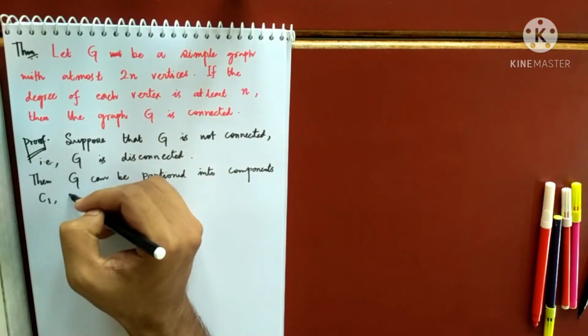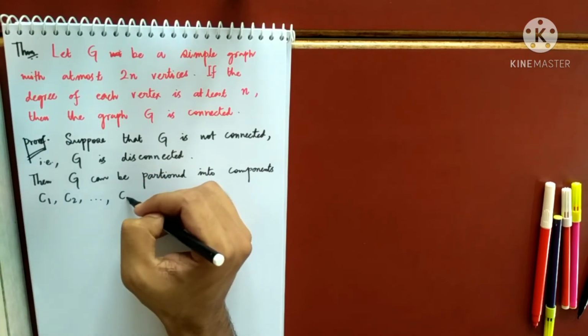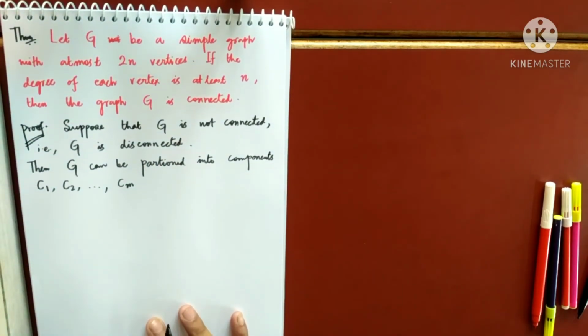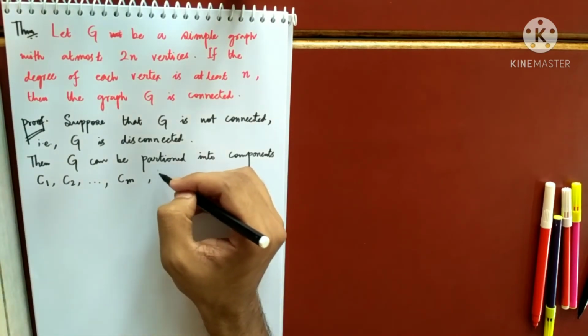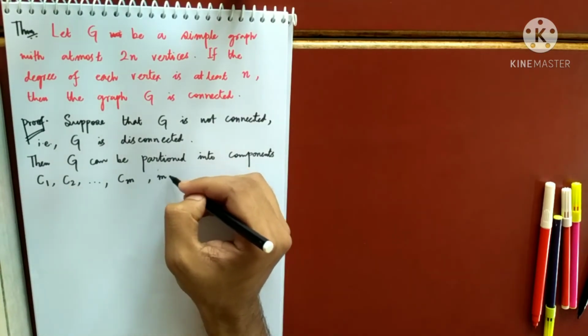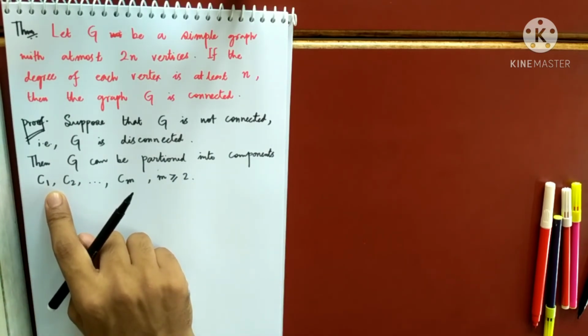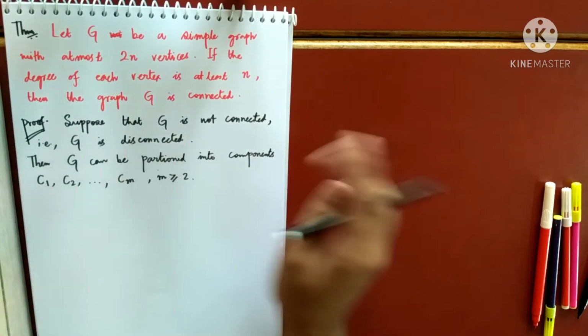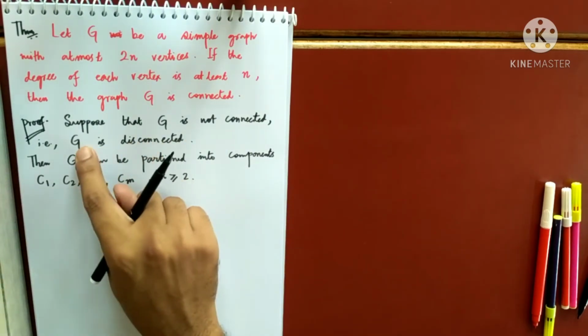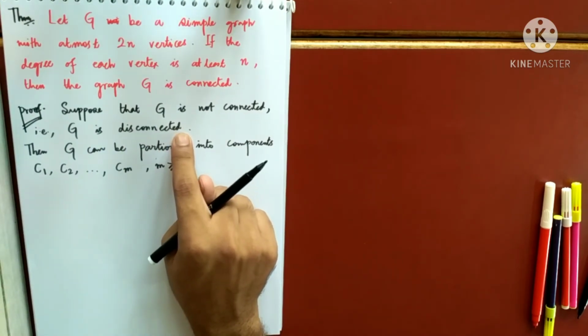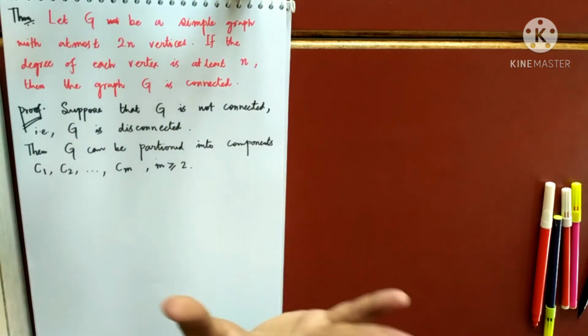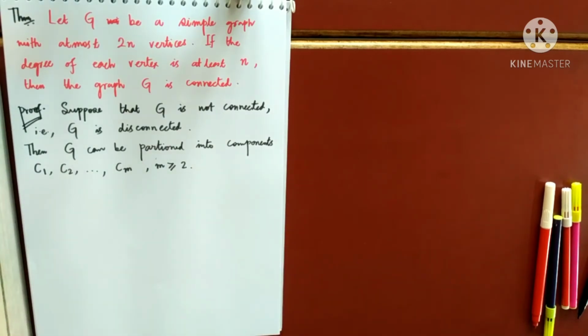Suppose I name the components C1, C2, dot dot dot, Cm. I am assuming that there are m components and m is greater than or equal to 2. If the number of components is 1, then my graph will be connected. Because I am assuming that the graph is disconnected, it will definitely have at least 2 components. Am I clear up to here? So we are done up to here: G can be partitioned into components and there are at least 2 components.